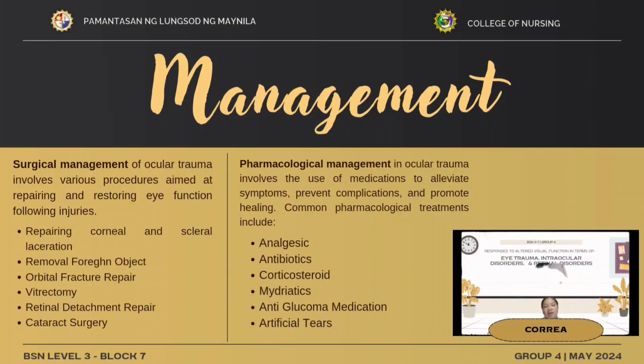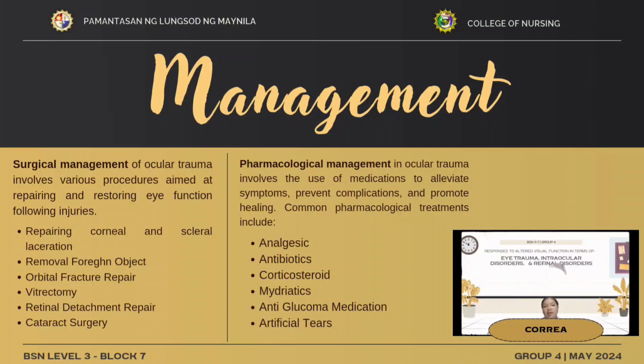This restores the eye's outer structure to prevent infection and protect vision. Next is yung removal of foreign body, surgical extraction of objects embedded in the eye to prevent infection and further damage. Next is the orbital fractures repair. This is surgical realignment and stabilization of broken bones around the eye to restore normal anatomy and function.